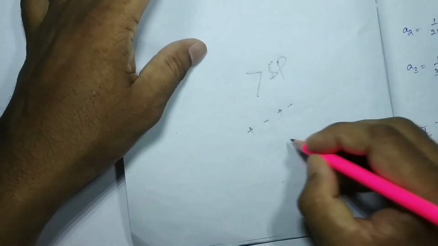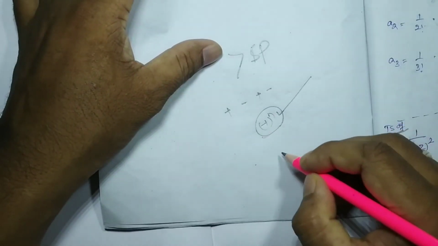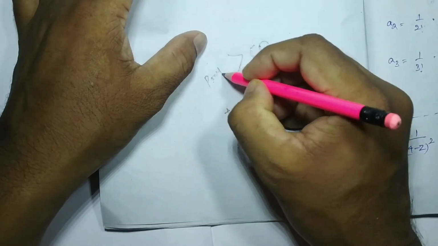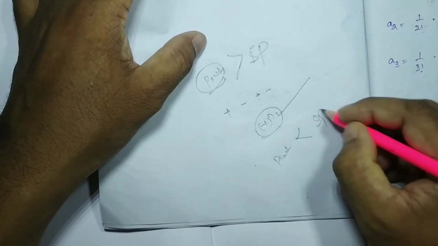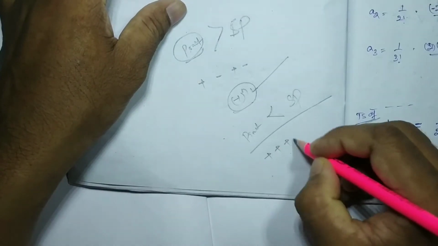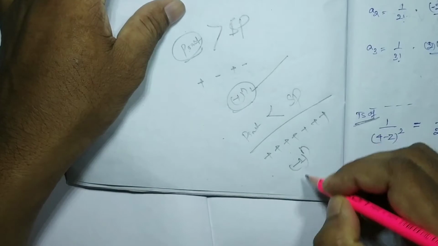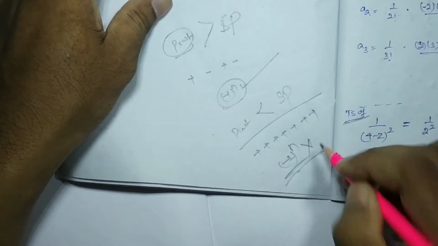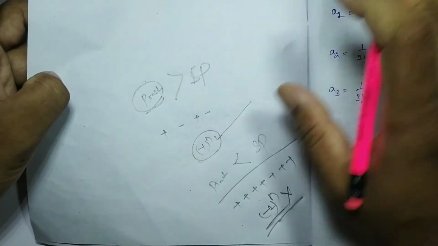That means we have to consider the minus 1 to the power n factor. If the point is less than the singular point, then all the terms we get are positive, and we are not going to consider minus 1 to the power n. This is the one conclusion from this discussion.